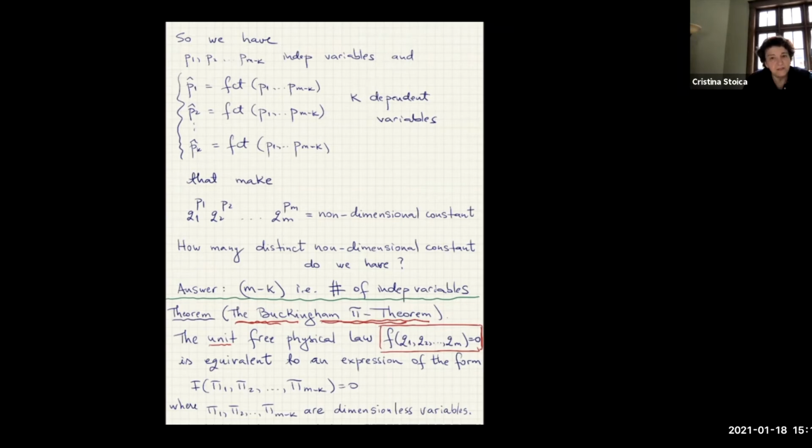So a consistent unit-wise physical law is equivalent to an expression of the form f of pi 1 to pi mk, where these pi 1 to pi mk are the dimensionless variables that are solutions of that linear system that we set up with this q1 to qm.